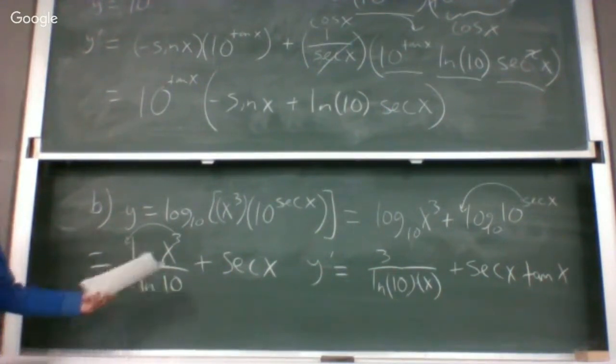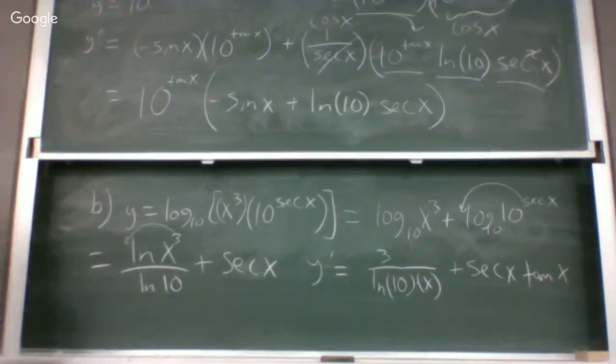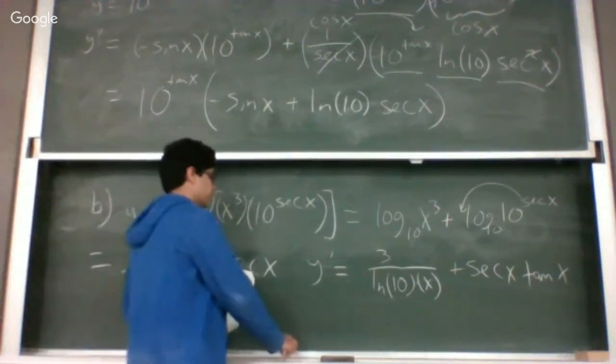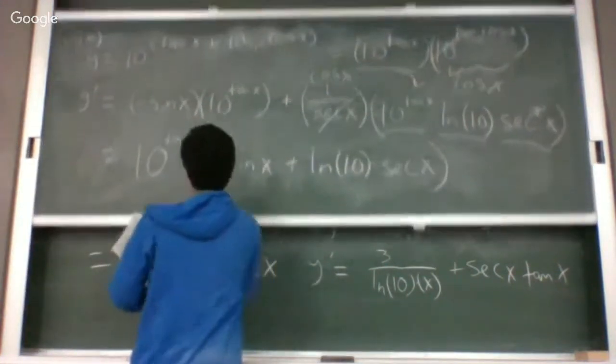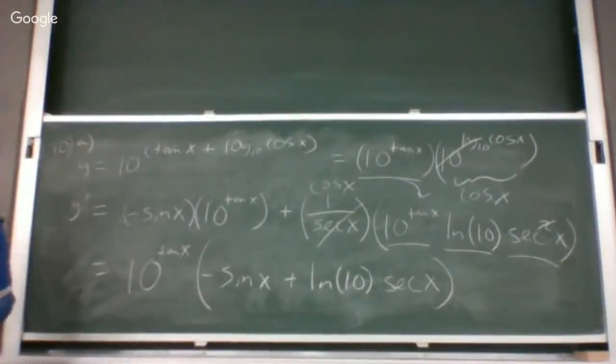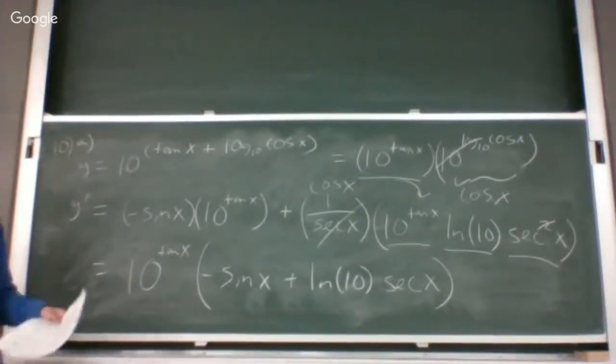It would make it easier if you brought the 3 down already. So taking derivatives with natural logs and logs can be really easy in that case. Any other questions on that problem? No? Okay.